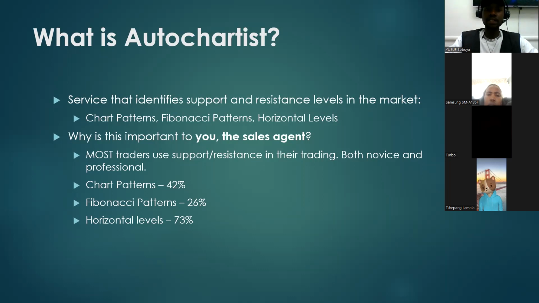These stats tell you that people trade based on support and resistance, chart patterns, Fibonacci patterns and horizontal levels. These are the most popular strategies people use to analyze the market. The Auto Chartist analyzes these, finds these opportunities and gives them to you so that you can capitalize.